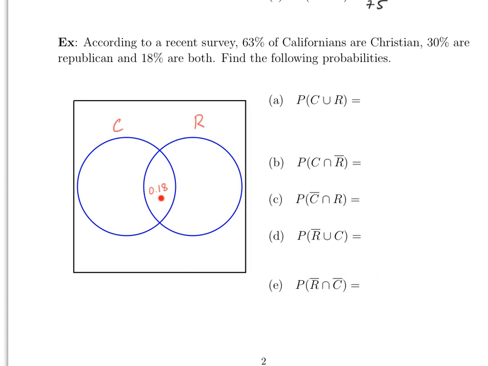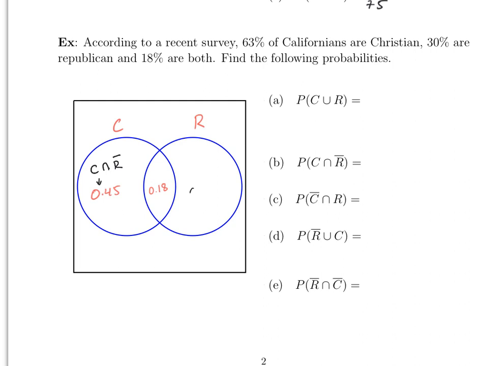Well, if this is 18, then that means this value, 0.45, plus this one will give you 63. Remember, to figure out this value, all you have to do is subtract 18 from 63, and that will give you 45. But more importantly, you need to know what this means. Remember, this represents the people that are Christian but are not Republican.